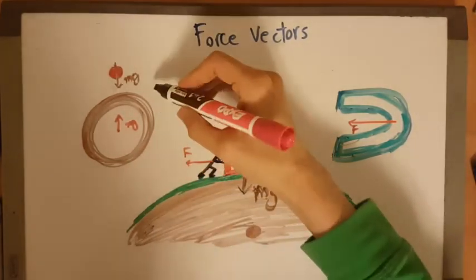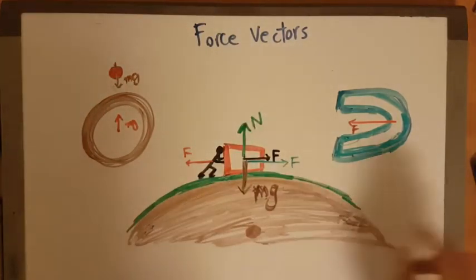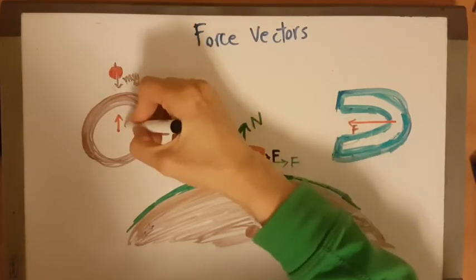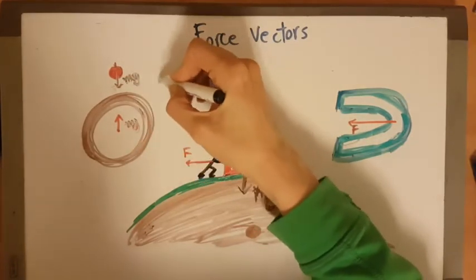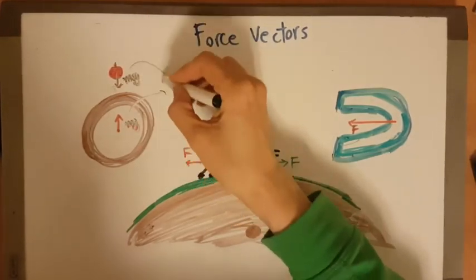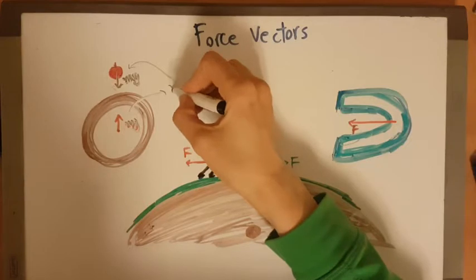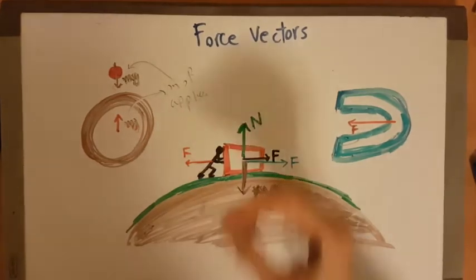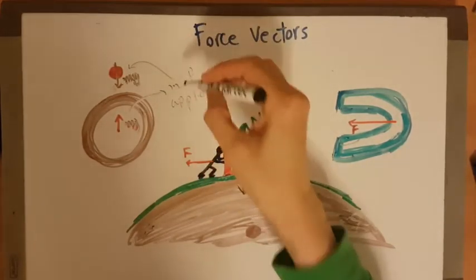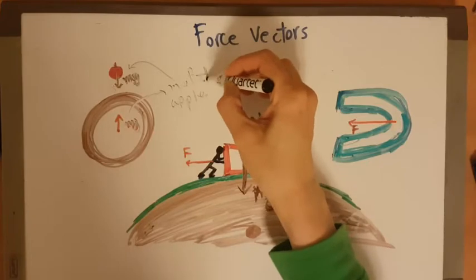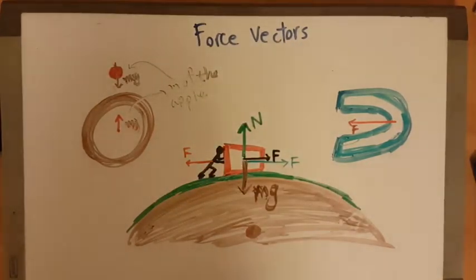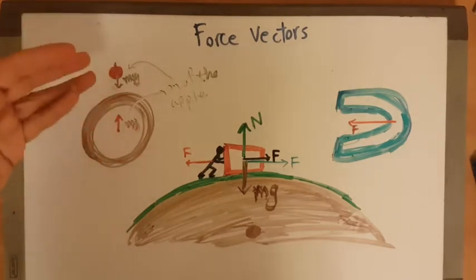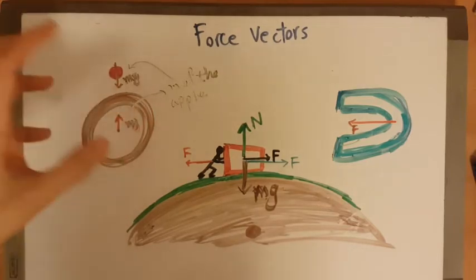Actually, let's write them both black so they're the same color. mg and mg, in both cases the m is the m of the apple. As you can see here, of course the apple goes towards the earth and not the earth towards the apple, because the earth is much bigger, moving it is much harder, and this is smaller.